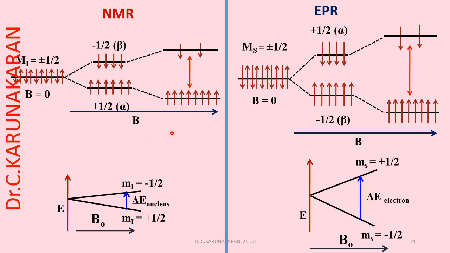The advantage of using higher applied field strength is that the spectrum is more resolved at higher radio wave frequency and higher field strength, whereas low resolution NMR is obtained at lower radio wave frequency and lower magnetic field strength.